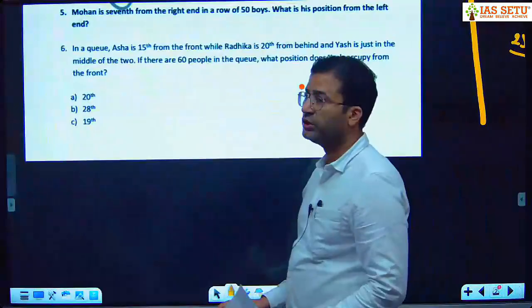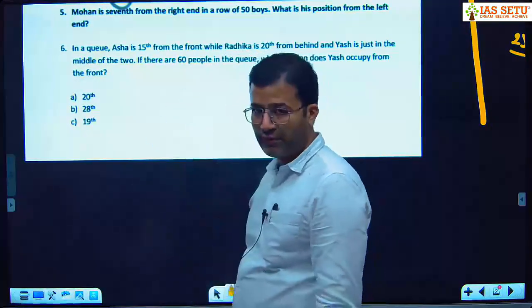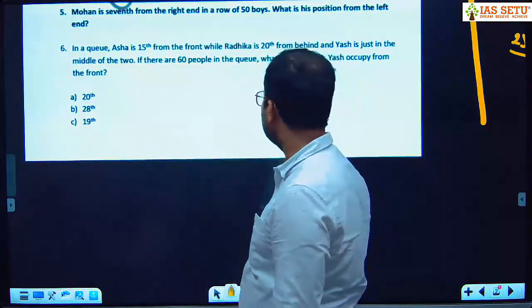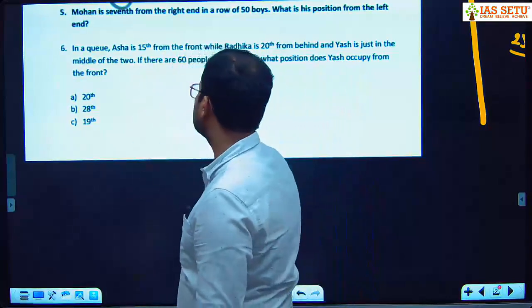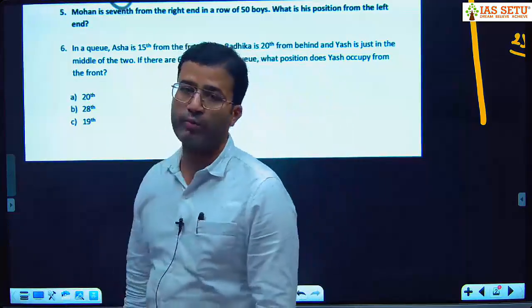What is this question? In a queue, Asha is 15th from the front, Radhika is 20th from the behind, Yash is just in the middle of the two. If there are 60 people in the queue, what position does Yash occupy from the front?